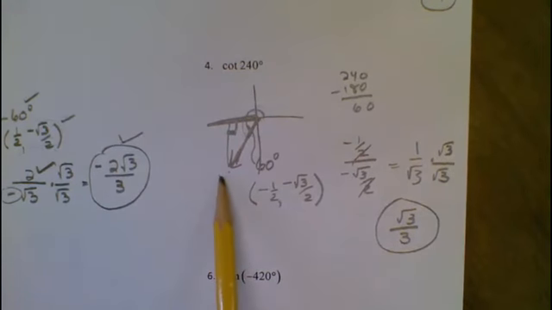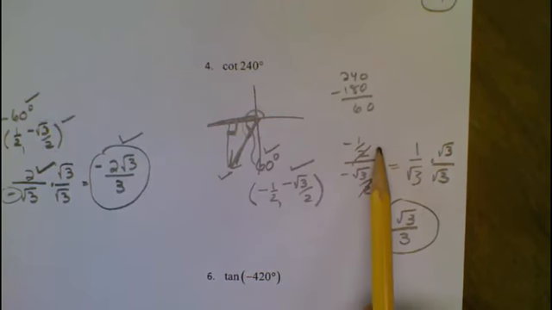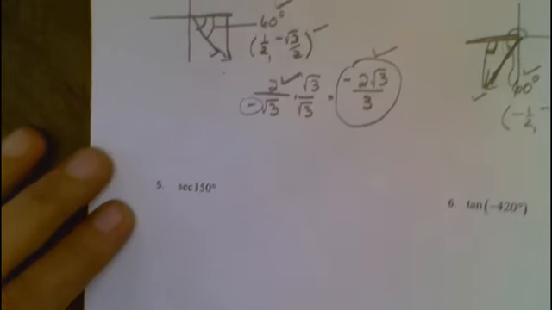So again, I have to know it's in the third quadrant. I have to know the reference angle. I have to know the ordered pairs that go with 60 and realize both the x and the y are negative. I need to know cotangent is x over y. I need to realize that those 2's cancel out, and then I need to rationalize the denominator to get my final answer.